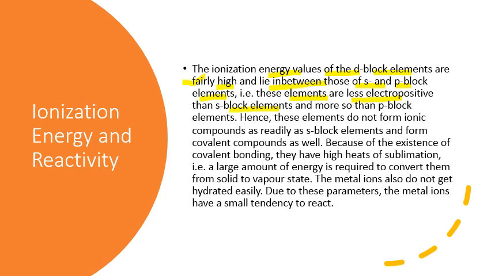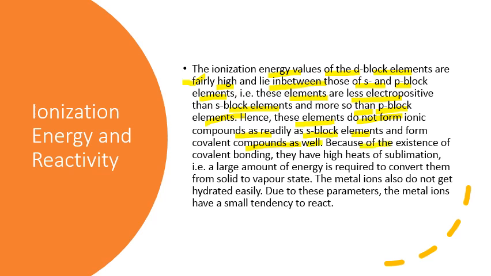The d block elements are more electropositive than the p block elements, but less electropositive than the s block elements. These elements do not form ionic bonds or compounds as readily as the s block elements, and form covalent bonds as well.